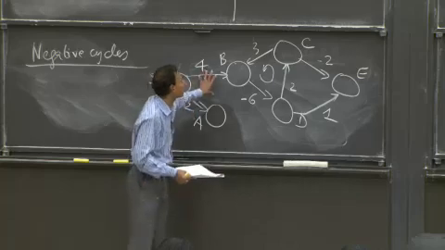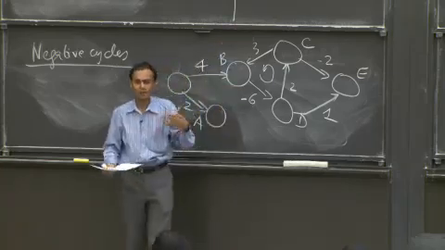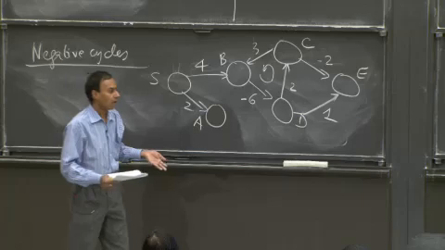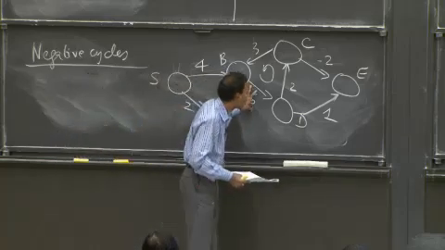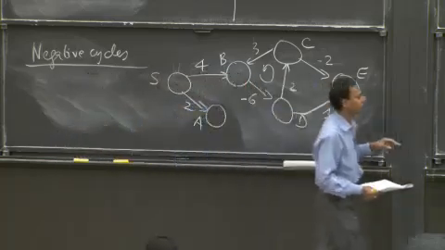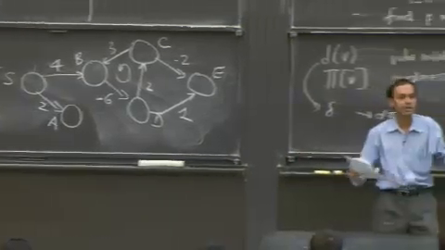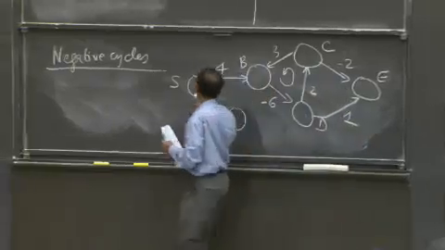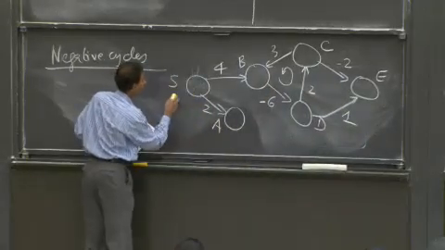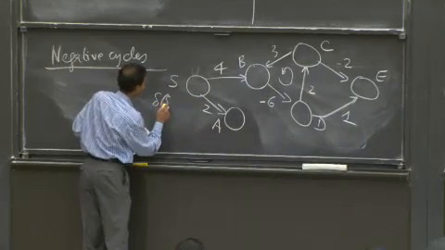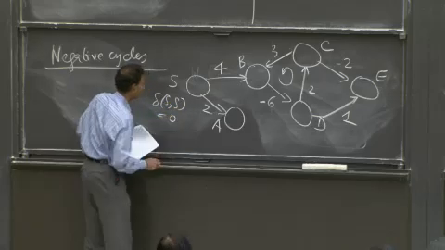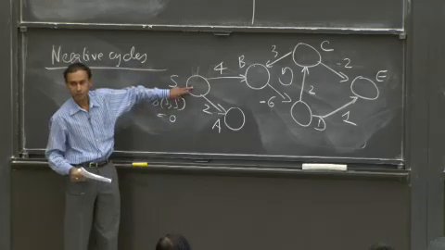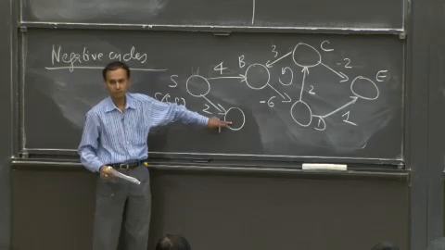So what would you like Bellman-Ford to do here? It's not the case that all of the delta values, the shortest path values, are undefined for this graph. Some of them are well-defined. This one, you can't ever get back to it, so clearly delta SS is 0. Everybody buy that? What about this one?